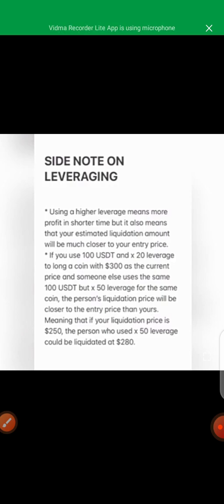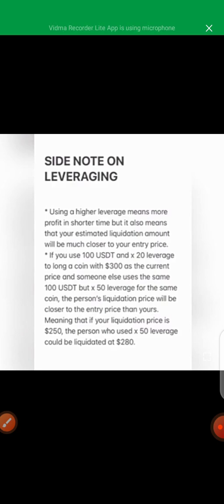If you use 100 USDT and 20x leverage to long a coin with $300 as the current price, and someone else uses the same 100 USDT but 50x leverage for the same coin, the person's liquidation price will be closer to the entry price than yours. Meaning that if your liquidation price is 250, the person who used 50x leverage could be liquidated at $280.